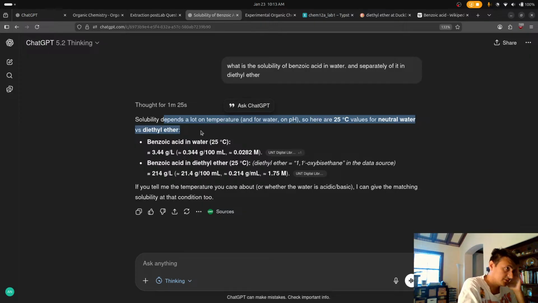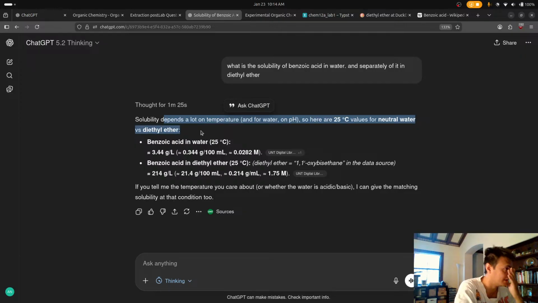In water, oh, it's extremely low. 3.44 grams per liter.